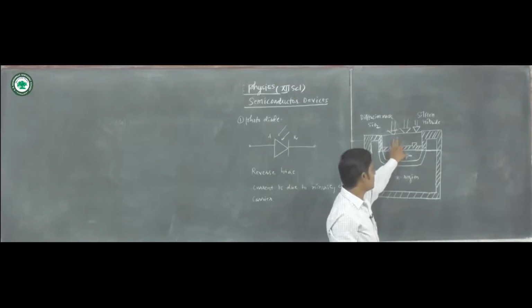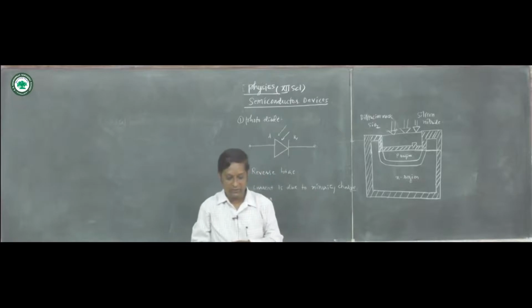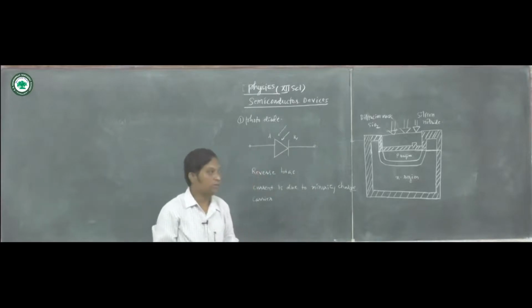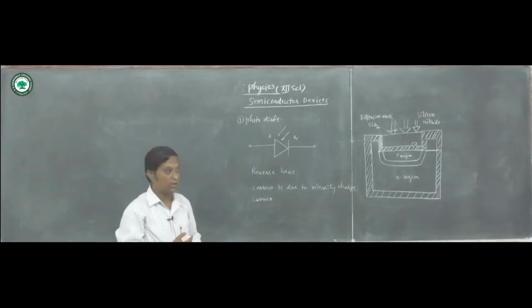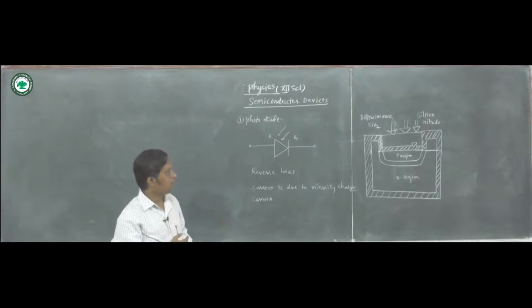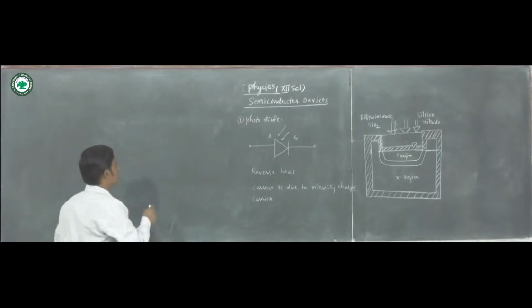Only the PN junction region is exposed to the light. As we have studied, when the photodiode is exposed to the light, it starts to conduct. Light energy is converted into electrical energy.